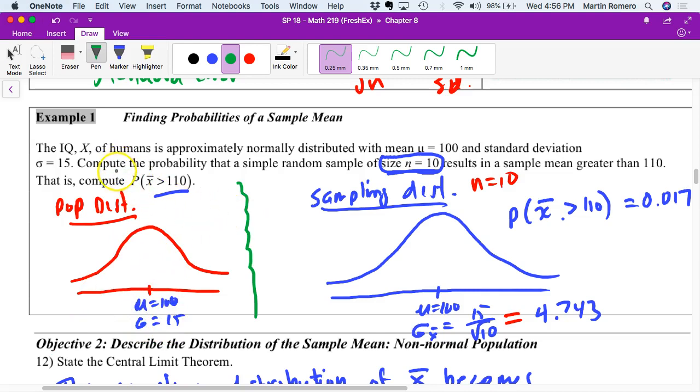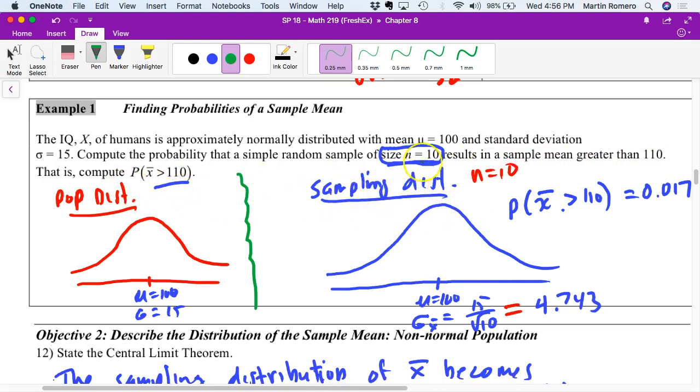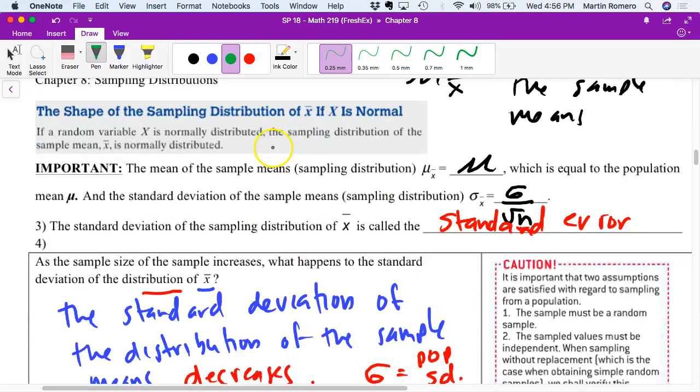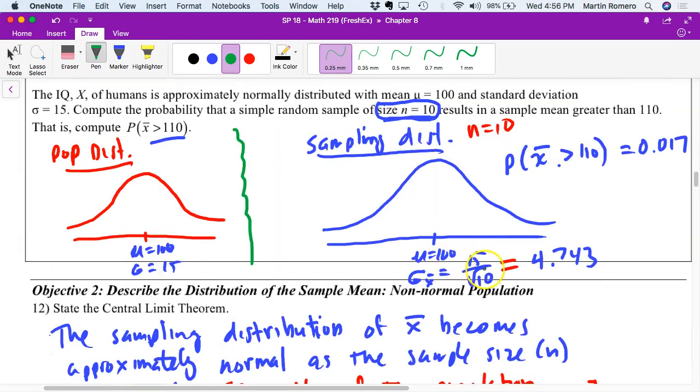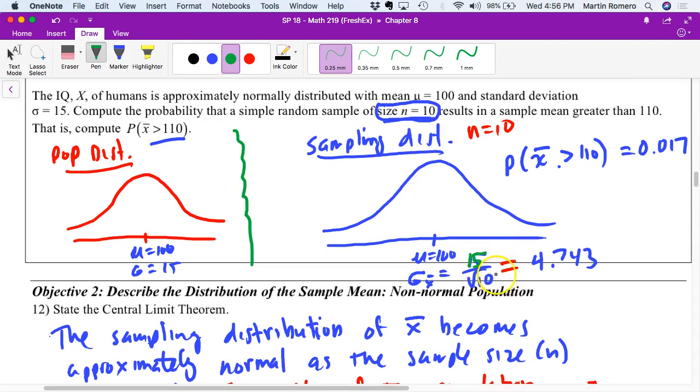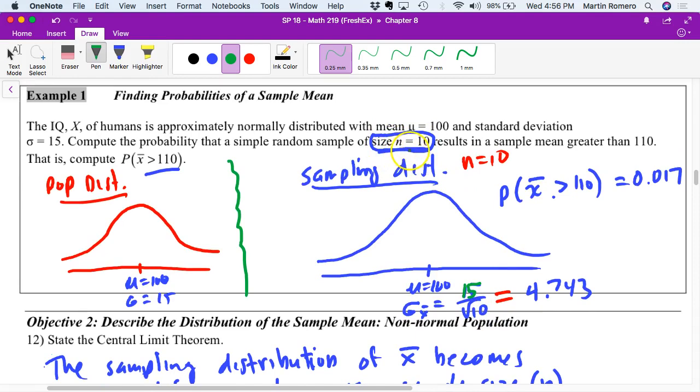What we're looking for in this problem is to compute the probability that a simple random sample of size n equals 10 results in a sample mean greater than 110. I'm looking at a sampling distribution, so it has the normal shape. The mean is 100, but we have to use an adjusted standard deviation: 15 divided by the square root of 10, because the sample size is 10.